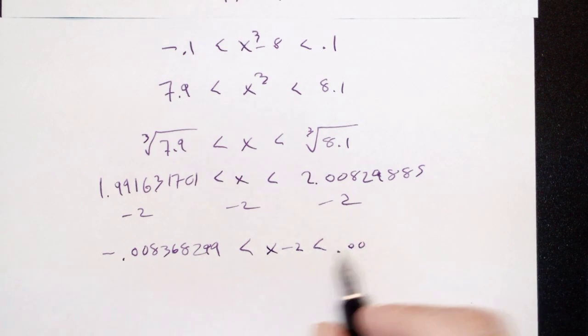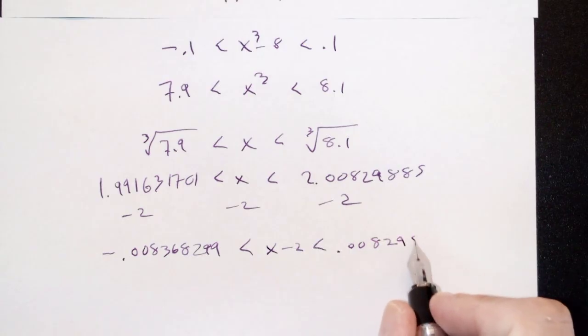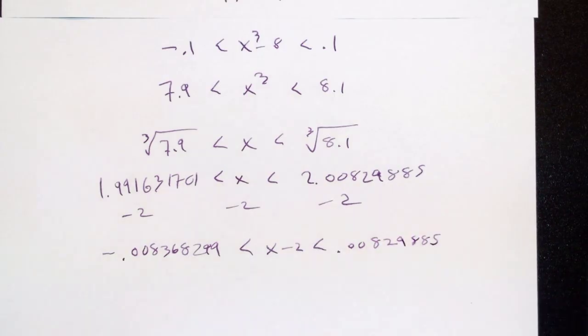Oh, there's 2 zeros. By the way, that's the left edge bar. That's the right edge bar on either side of 2.